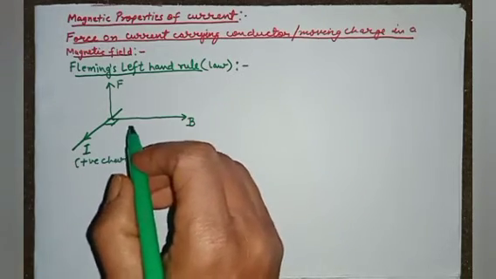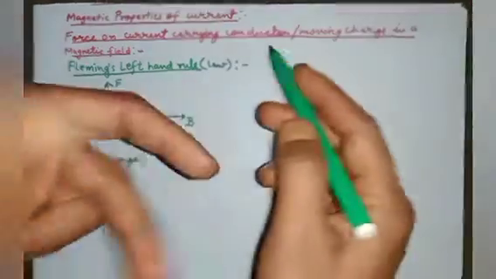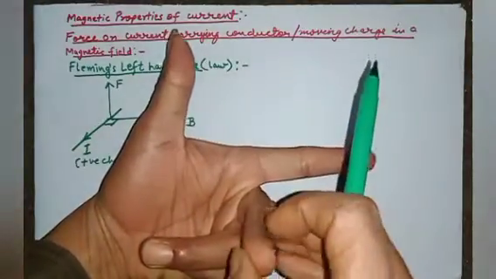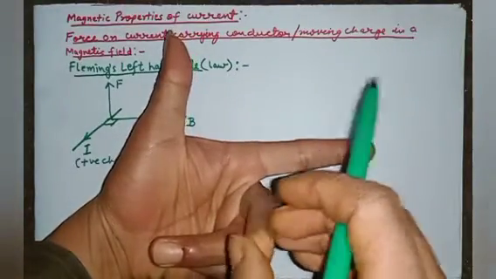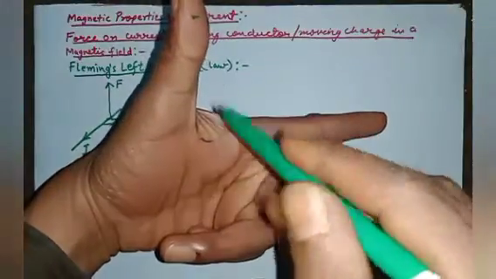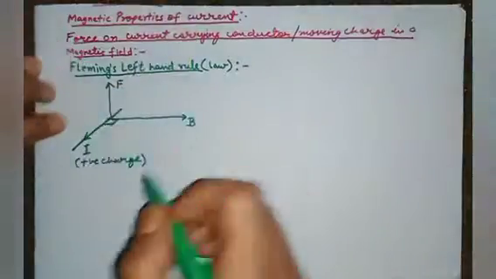So according to Fleming's left hand rule, now why have we used the word left hand? Because this diagram resembles if we stretch our thumb, first finger and middle finger mutually perpendicular to each other. All of them are perpendicular to each other, like this.